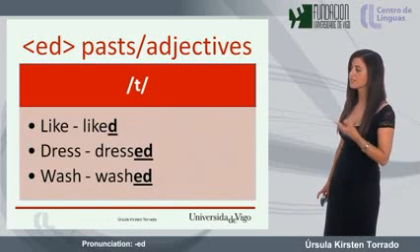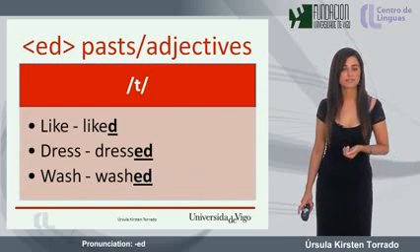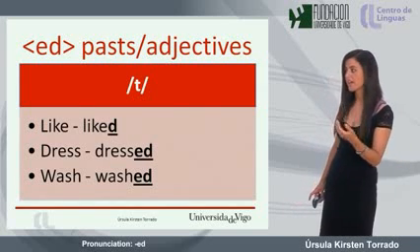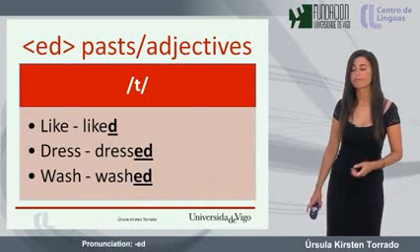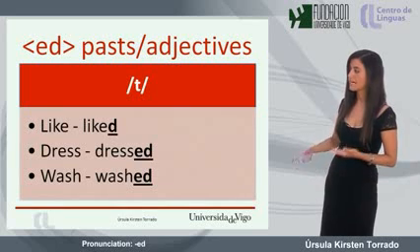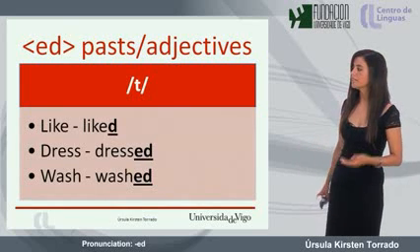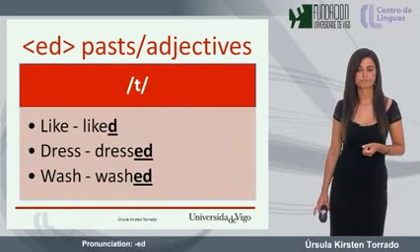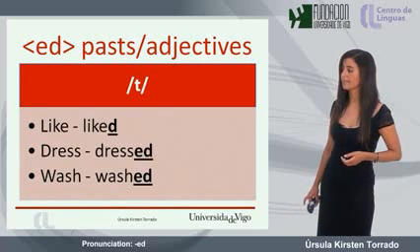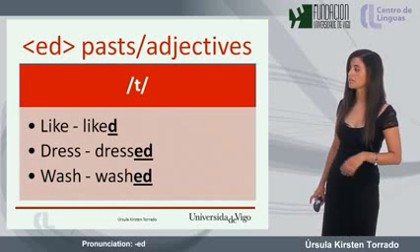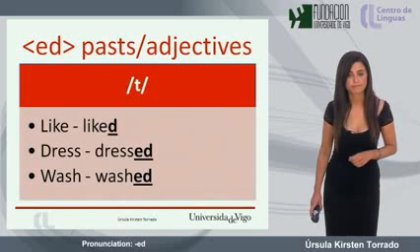So, the past will be liked. Dress ends in S in pronunciation. So, the past or past participle will be dressed. The same as with wash. Wash ends in sh. So, the past will be washed.